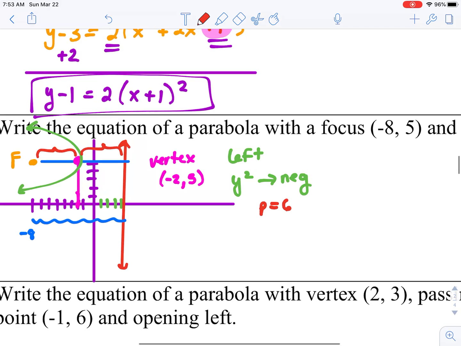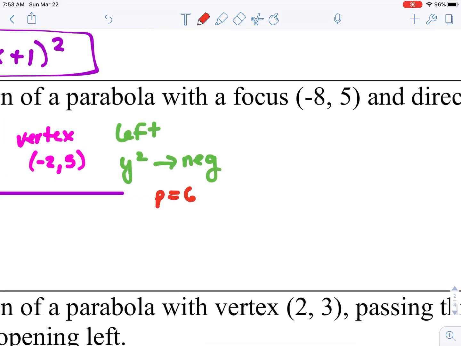So let's go ahead and start putting it into an equation. Sometimes I like to keep things simple first. So we're saying our y is being squared. And what side does our 4p go on? It always goes on the non-squared side, and then I have my x. Putting in now my vertex. Remember, y goes with the y. So the y value, the opposite is y minus 5.